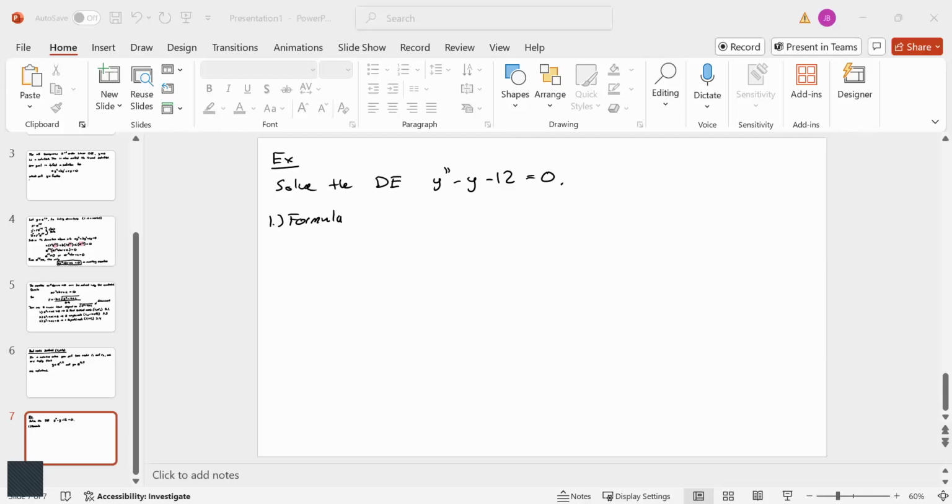So what I write down is this: ar squared plus br plus c equals 0. I remind myself this is the style of differential equation I'm working with. And then I write where y double prime equals r squared, y prime is equal to r, and y is equal to 1.